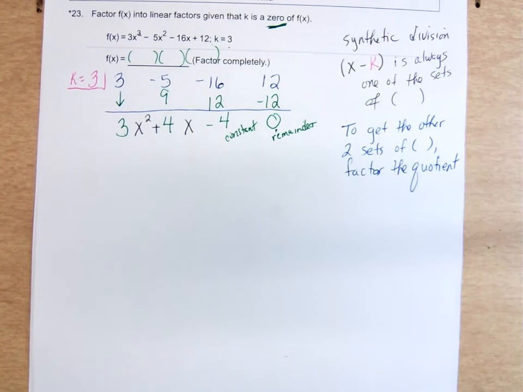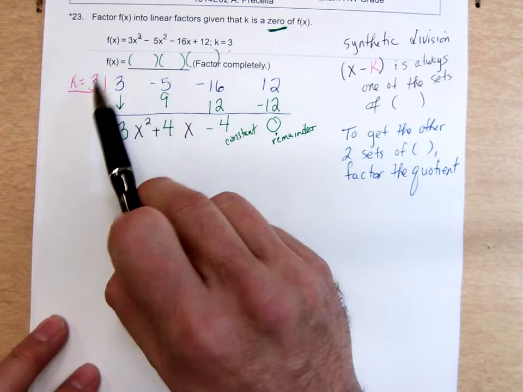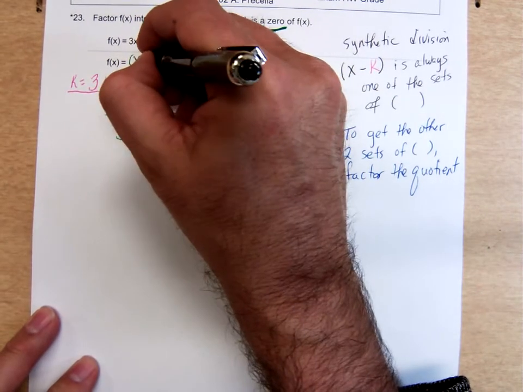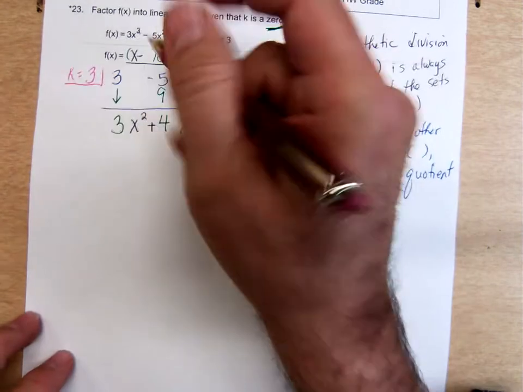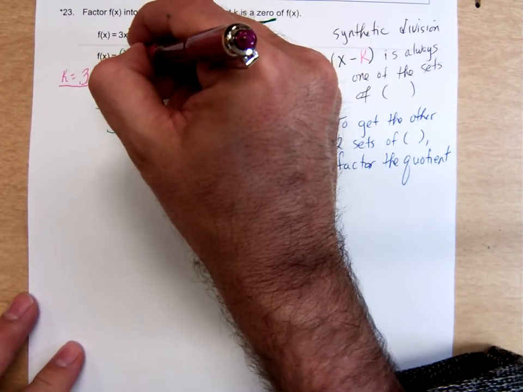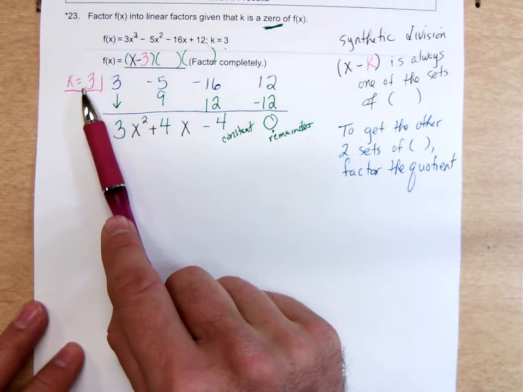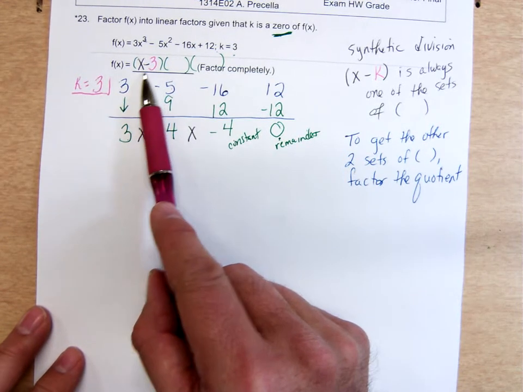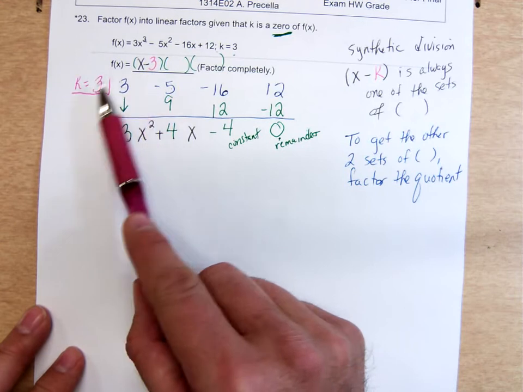So one of my sets of parentheses is x minus k, so we'd say x minus 3. Notice when you're going from k equals to a statement with x, the sign's changing. Okay?